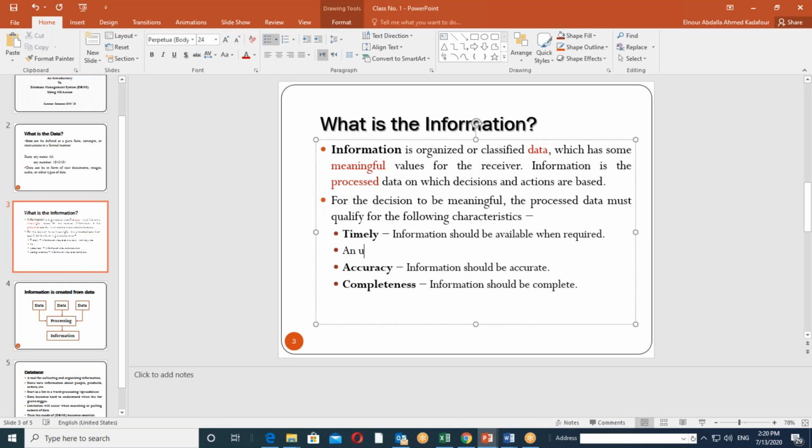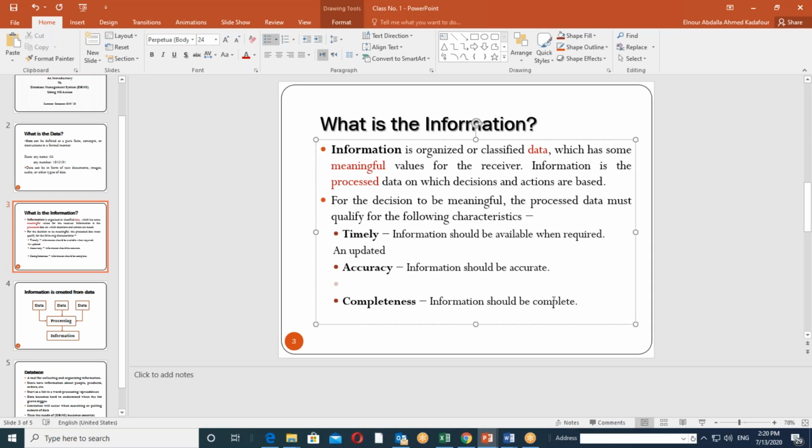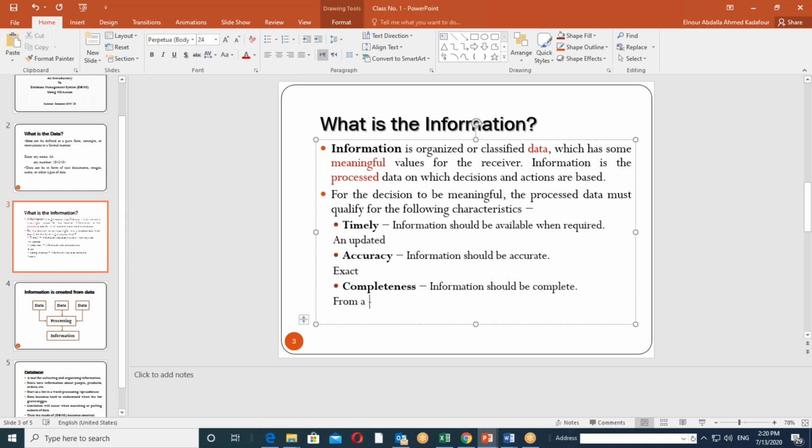Timely and updated information. Accuracy, exact information. Got it? And completeness, that is simply, we can have it from A to Z, for the whole story. Completeness means the whole story from A to Z. Everything I'm recording, everything I'm following. So these are the characteristics. Based on that, I can take a decision. Based on that, I can take an action.